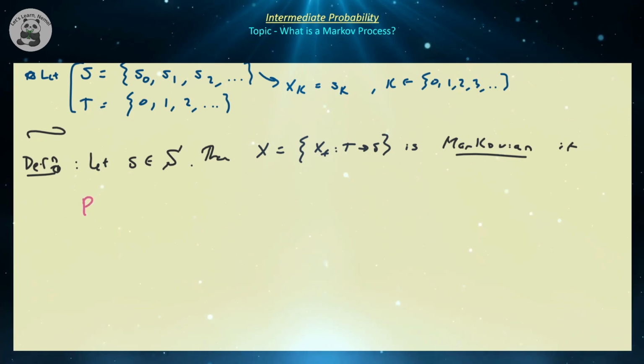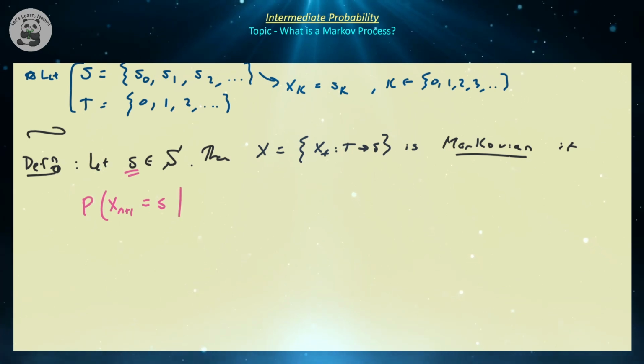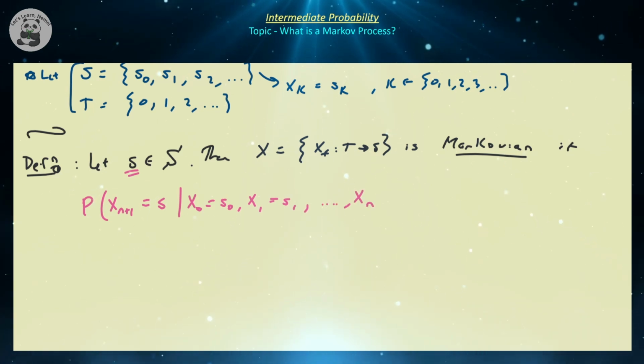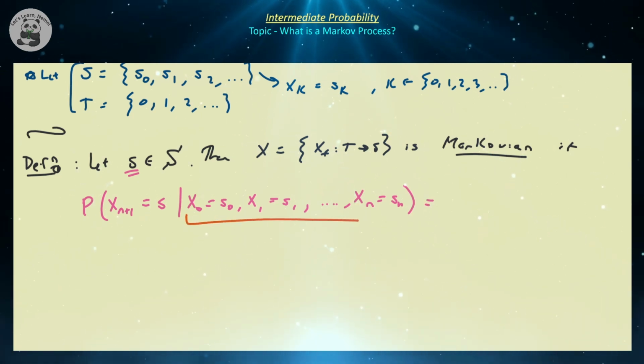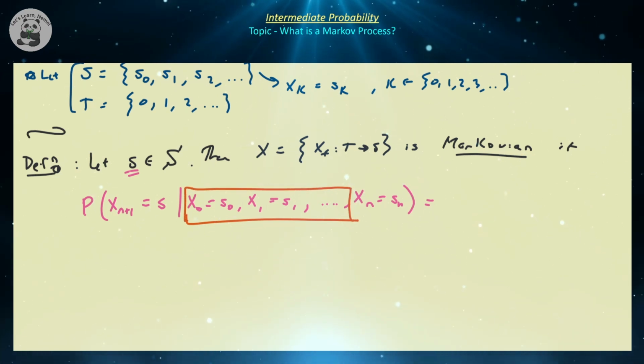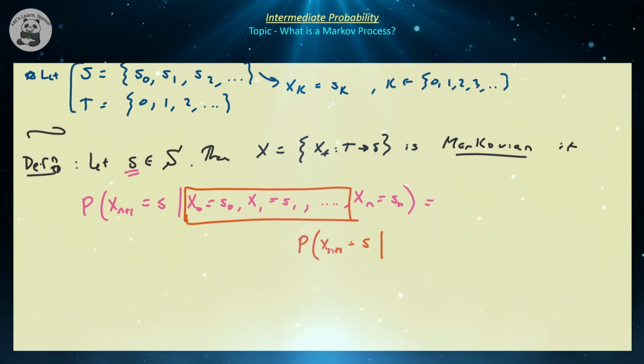That is, the probability that X_{n+1} takes that state s, provided that X_0 is equal to s_0, X_1 is equal to s_1, all the way up to X_n is equal to s_n, can be represented by ignoring all of the states preceding the value of today. Equivalently, it is the probability that X_{n+1} takes the value s, conditional only on X_n equal to s_n.